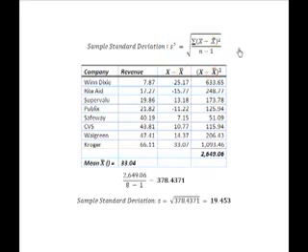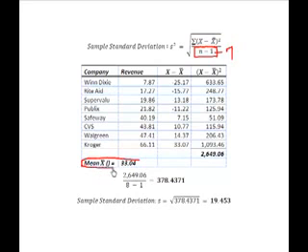Right? And remember, since this is sample data, I lose one of my samples in order to approximate the population. So before, where I had n equal to 8, I now have n minus 1, which is simply going to be 7. The mean does not change.